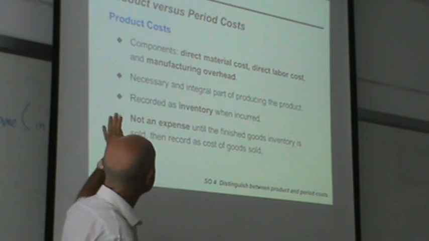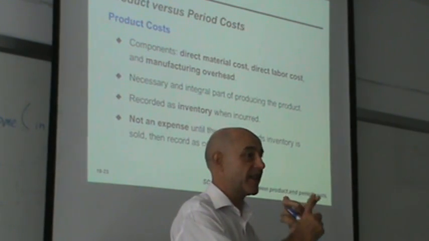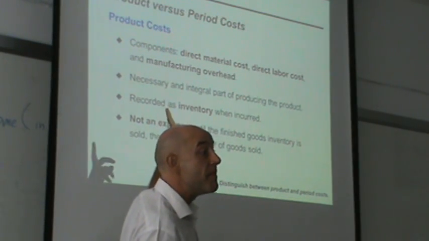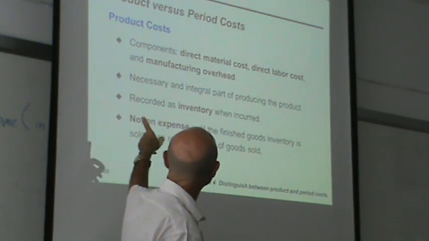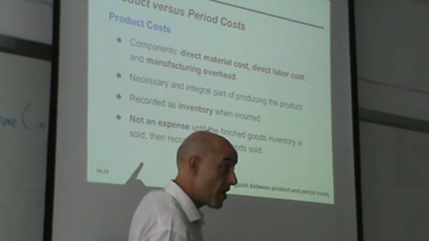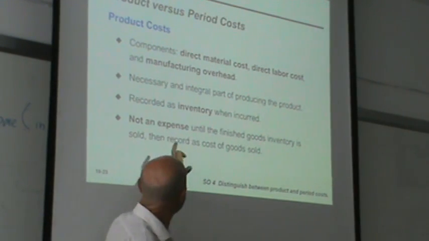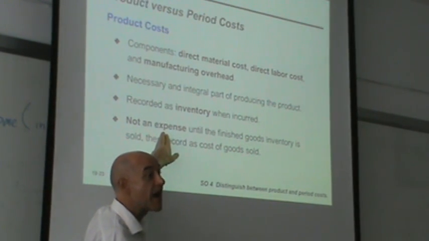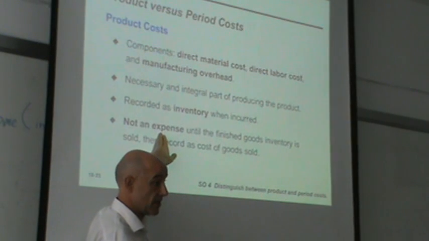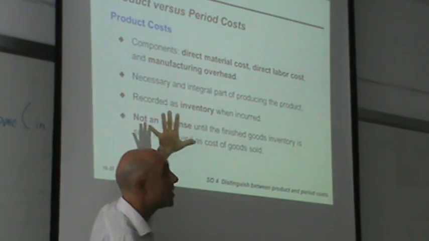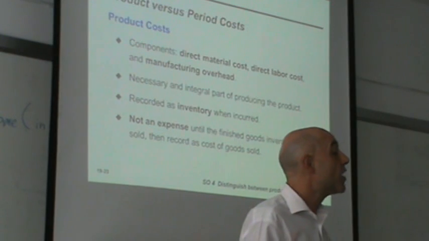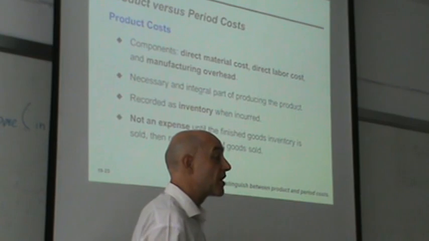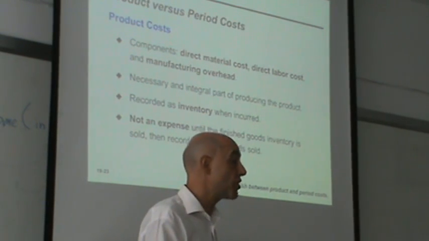Okay, so again, it's direct labor, direct material, manufacturing overhead. It's part of the product. It becomes inventory and you convert it to expense after you sell it. So these are the product costs. So, back to the overhead. It's a little trickier because now you got period costs.